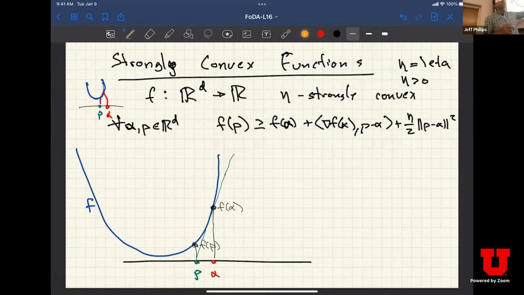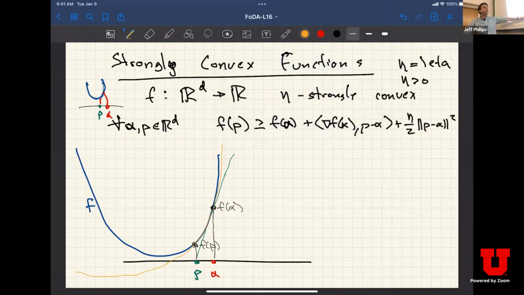If it's convex, the blue function f is always larger than the linear approximation. The line must always stay below the function. Convexity gives me that already. But now there's also a quadratic function that's also smaller than f. So it's another parabola.